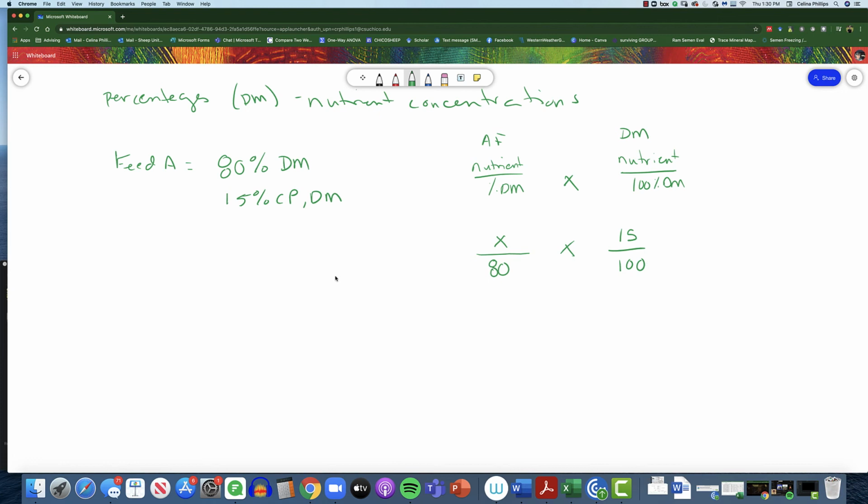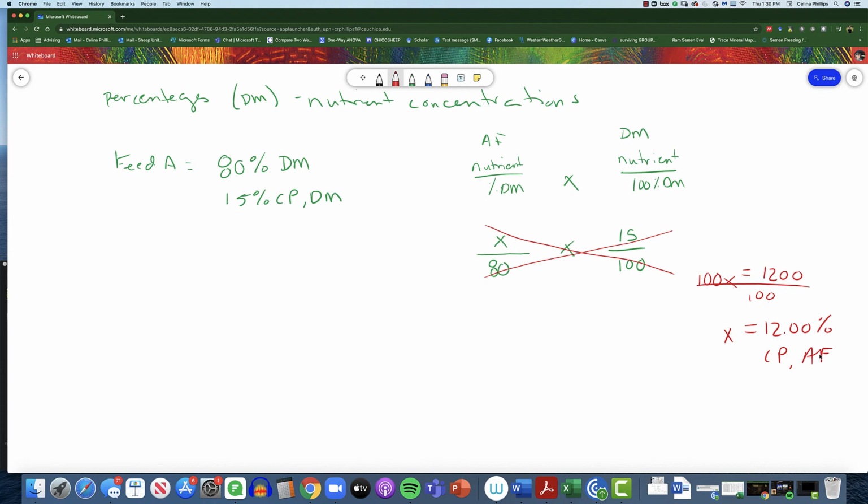So now the next step is to simply cross multiply. We wind up with 100x equals 1200. If we divide both sides by 100 and isolate x, we're left with 12% crude protein on an as-fed basis.